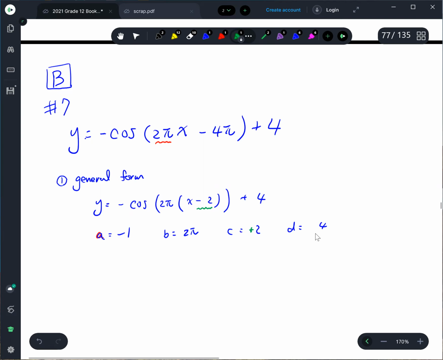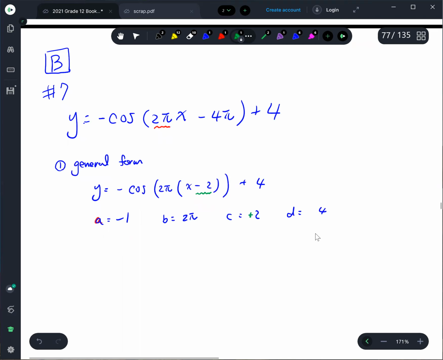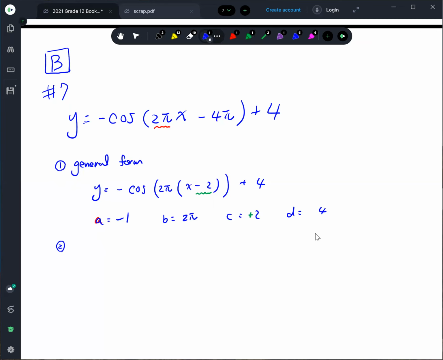Okay, so now once we get the ABCD, we can move on to step 2. Right, Marcus, what is step 2? Reflection. Yep, we need to write down the reflection, right? What's a reflection here? Reflect over y-axis, isn't it? How do you know? A is negative.